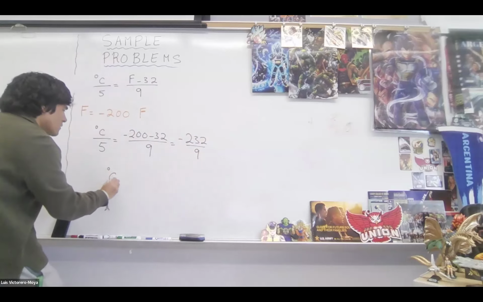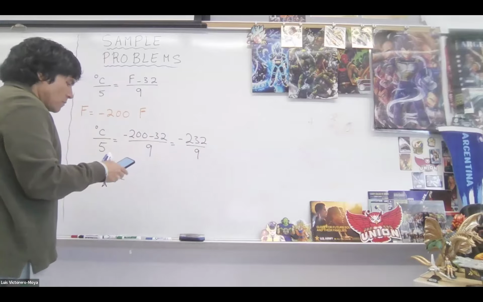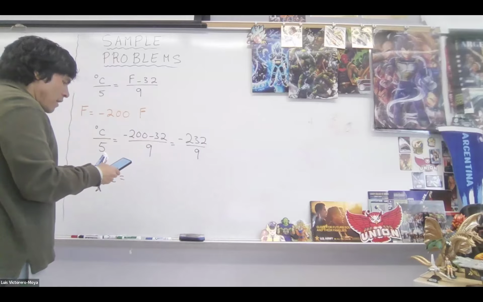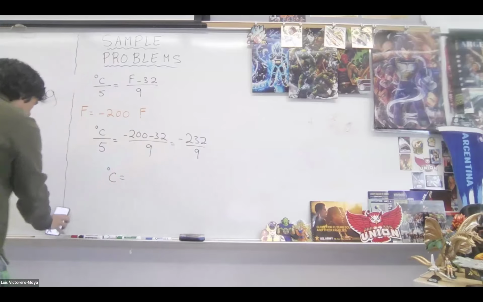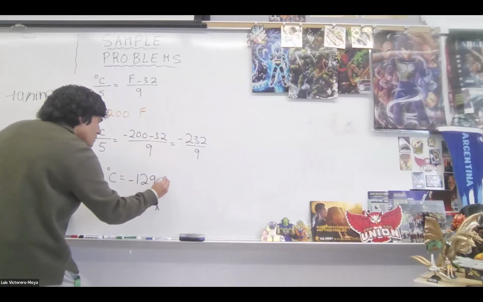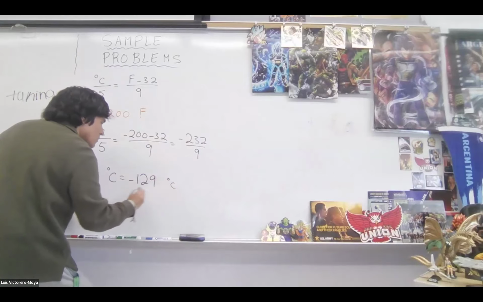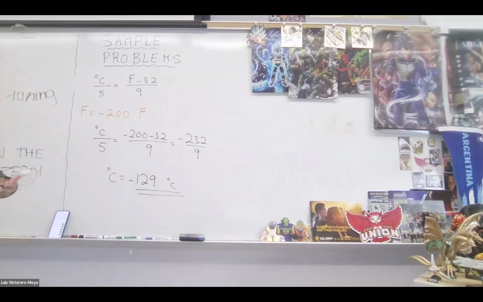So Celsius is negative 232 times 5, divided by 9. So I get negative 129 Celsius. That's Celsius there.